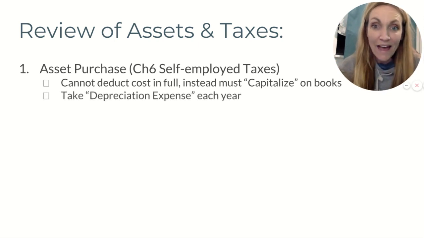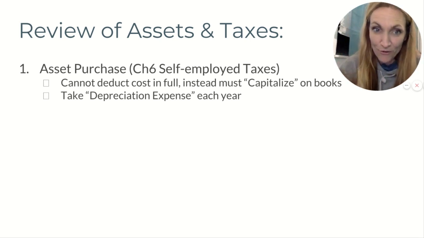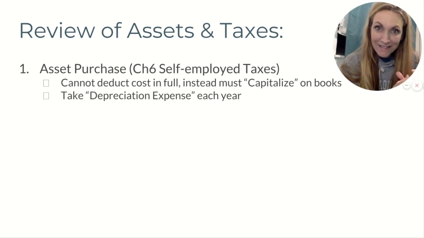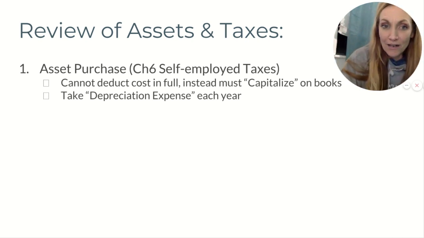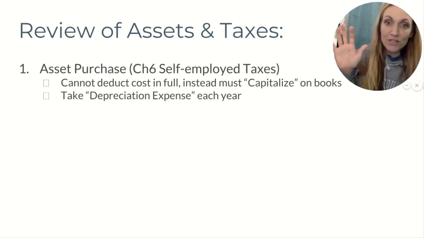And we do that because it's something that's used in a business to earn money over time. And we want to match the expense of getting that asset and the income that it helps us create each year. So there are accounting depreciation rules and tax depreciation rules.